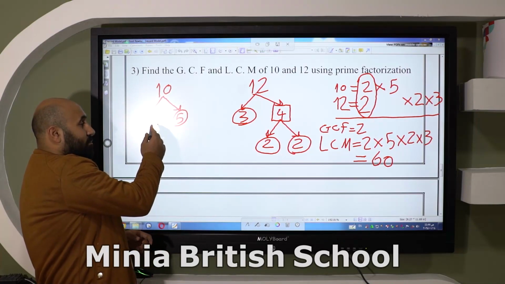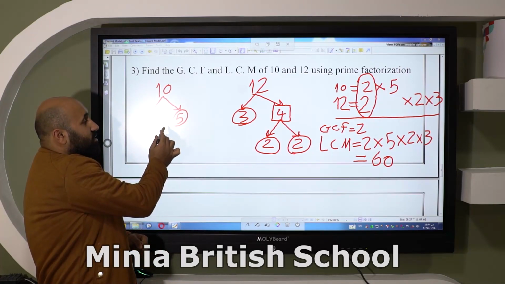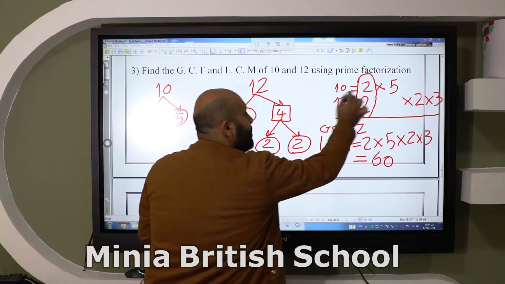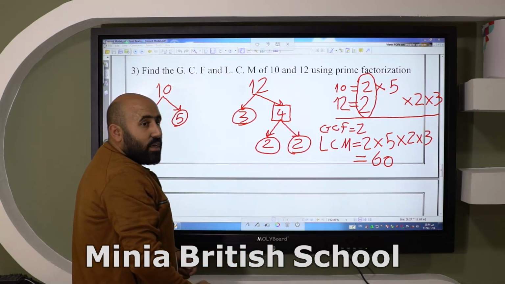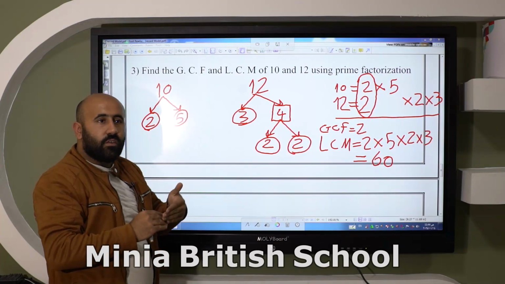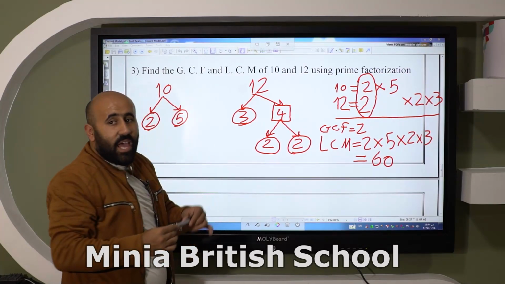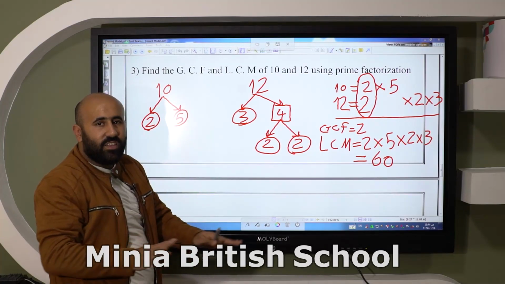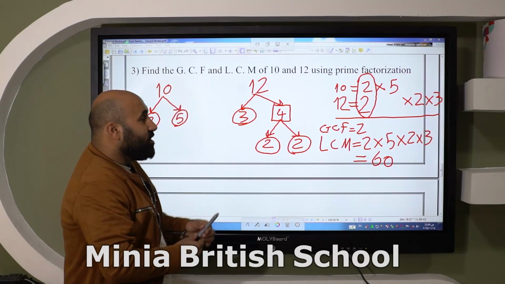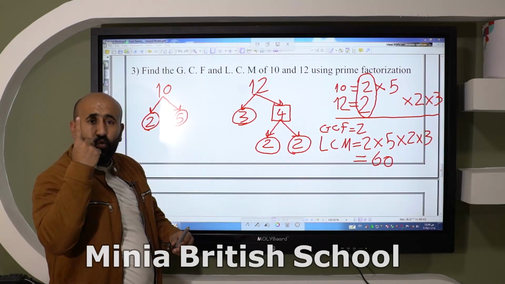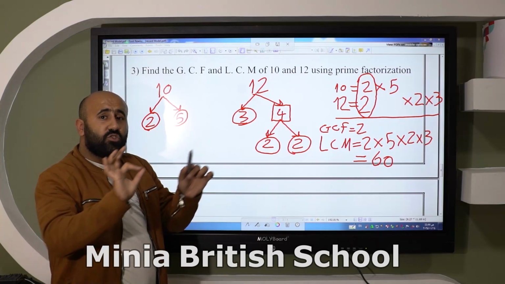First, I made the prime factorization for 10 and 12, and then I wrote them in this order, each similar number under each other. What if I didn't have a similar number? I will leave the place empty without writing any numbers, and then determine the common factors. If I have only one factor, it will be the GCF.